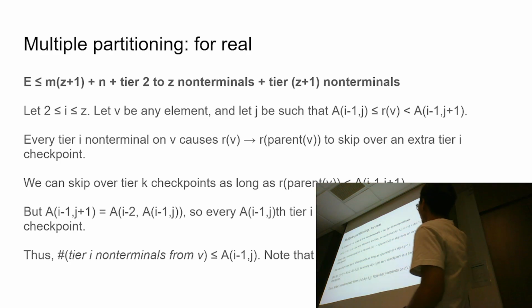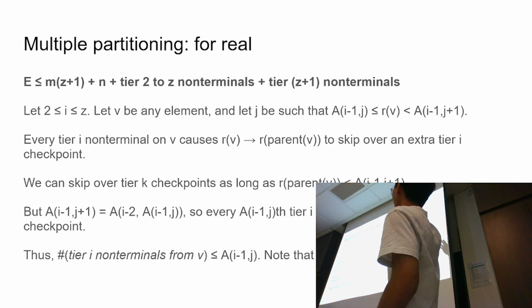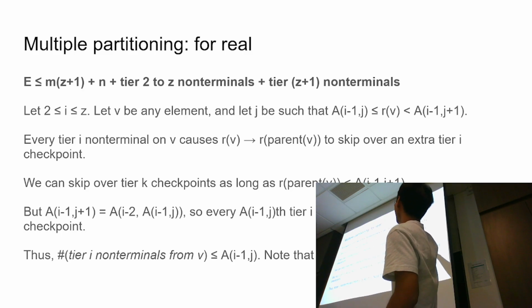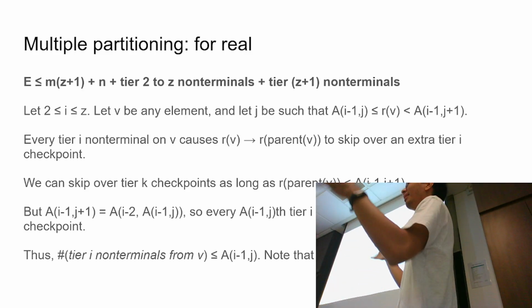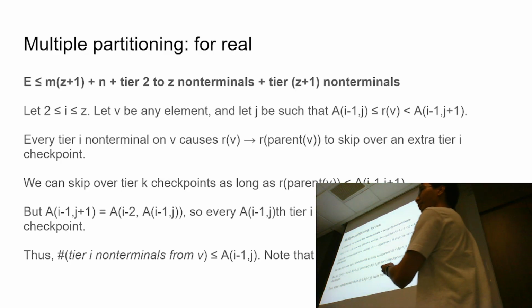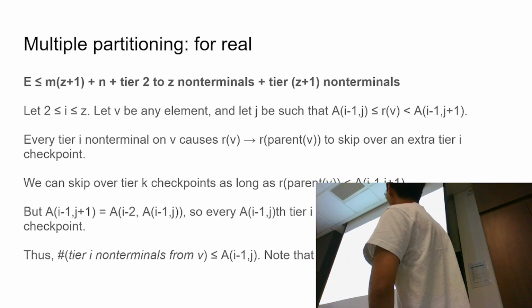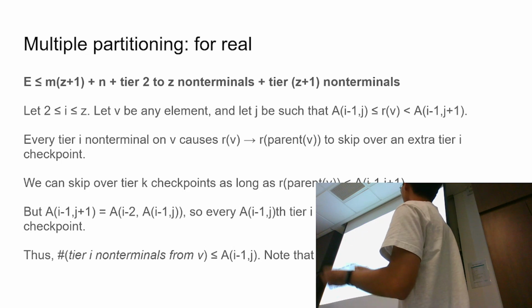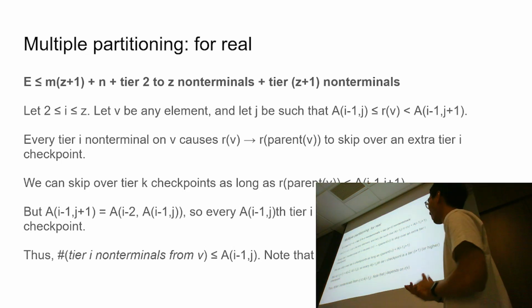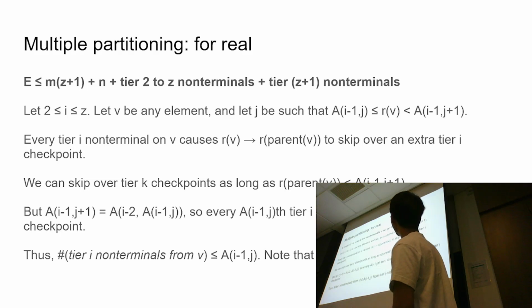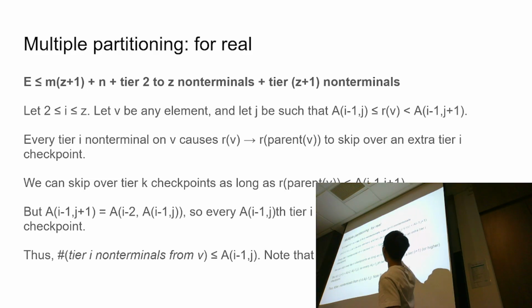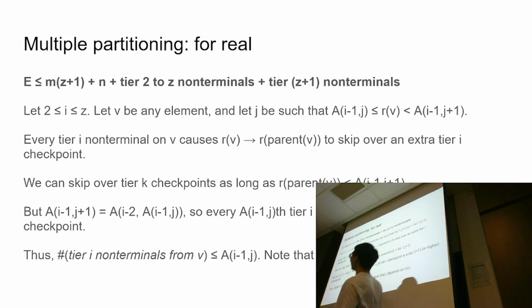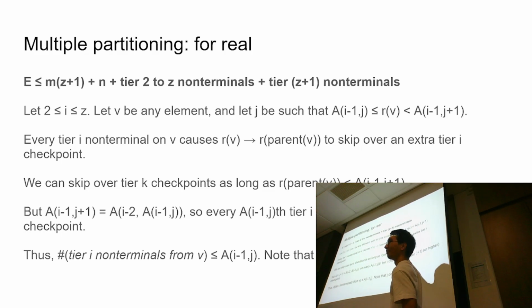So suppose that given the rank of V, we can say j such that rank of V is between these two things. So j depends on the rank of V. Every tier i non-terminal of V causes it to skip over an extra tier i checkpoint. So we can skip over checkpoints as long as we don't pass this, because this is supposed to be tier i checkpoints, and this is a tier i plus 1 checkpoint.